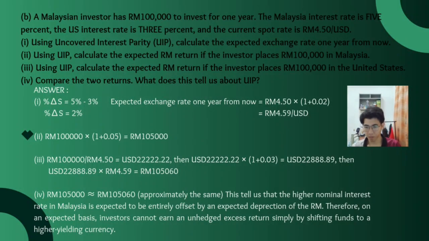Three, RM 100,000 divided by 4.5 equals USD 22,222.22. Then times 1 plus 0.03 equals USD 22,888.89. Then times RM 4.59 equals RM 105,060.